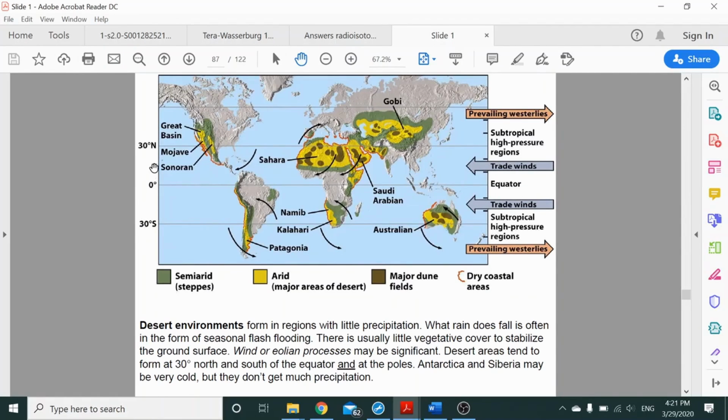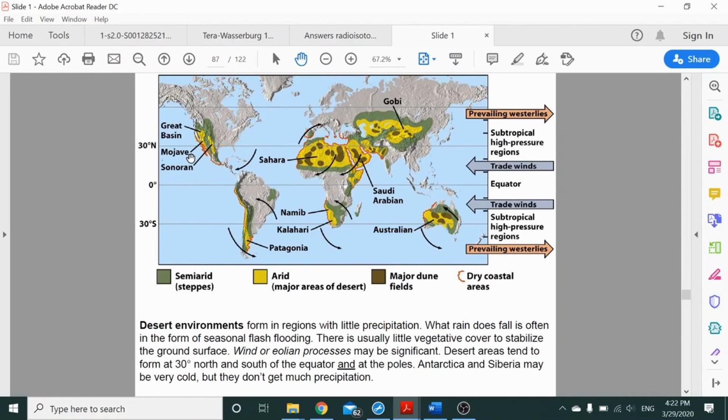Globally, when this air rises from the tropics and moves to around 30 degrees latitude north and south, that's the time the air becomes cold and starts sinking downward, and the air warms up. And remember, this air parcel has already produced the rain near the tropics, and now when the air sinks down, it is dry air.